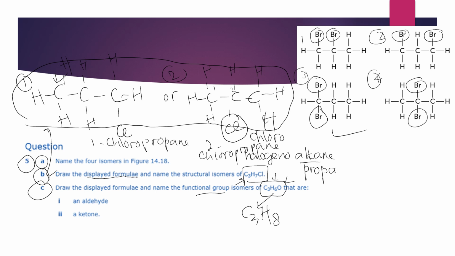With general formula CnH2nO, there are 2 groups. The first is aldehyde or alkanal. The second group is ketone or alkanone.